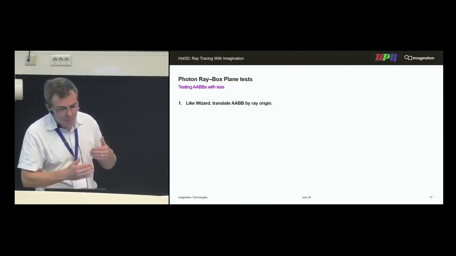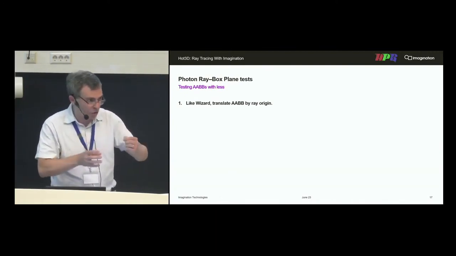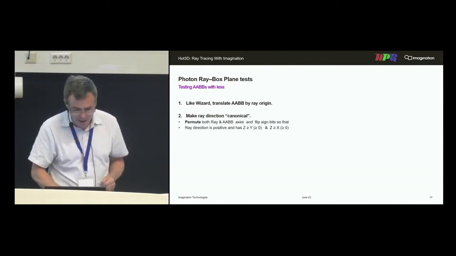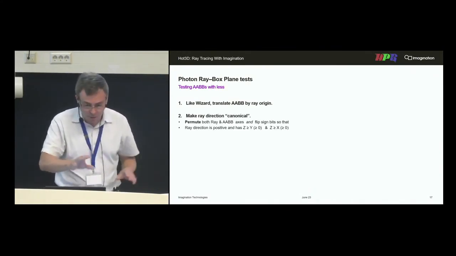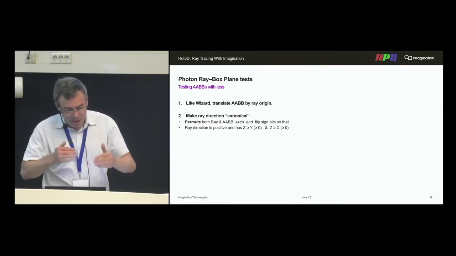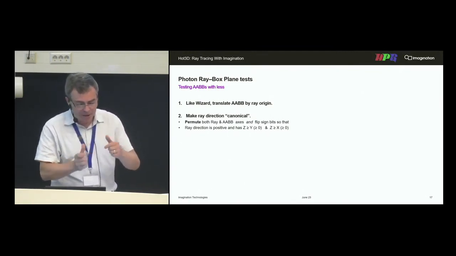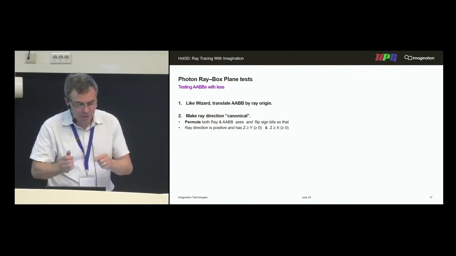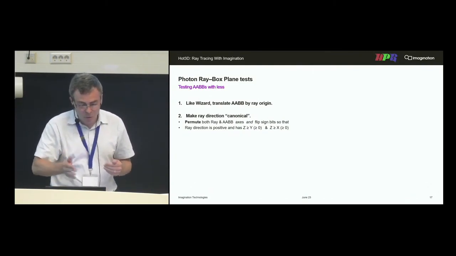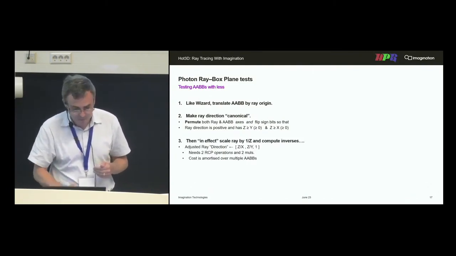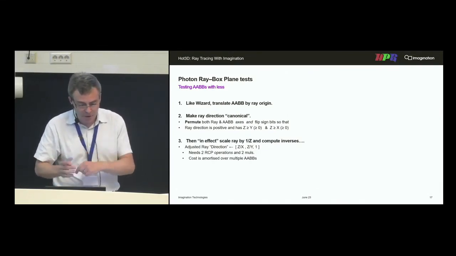So in the Photon ray box test, we translate the AABB by the ray origin, so everything's moved into local space. Then we make the ray direction canonical, sorry, this is a bit of a deep dive, I apologize. So basically permute the ray and AABB axes and flip the signs so that the ray direction is always positive and that Z is greater than Y and that Z is greater than X. Then in effect, we scale by 1 on Z and compute the inverses.